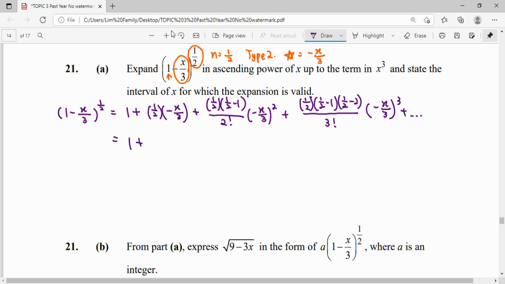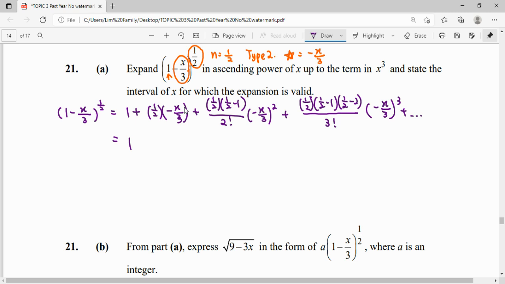So press your calculator for 1 over 2 times negative 1 over 2. We just skip the x. So from here we can get, this is 3, so I misread it.